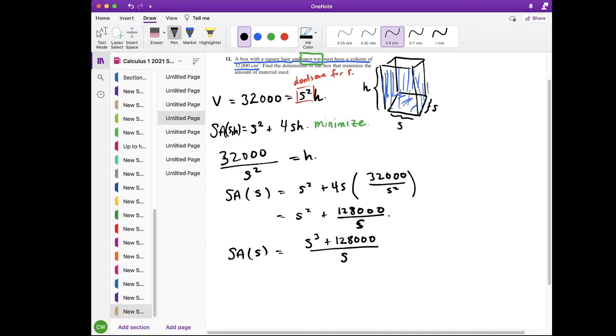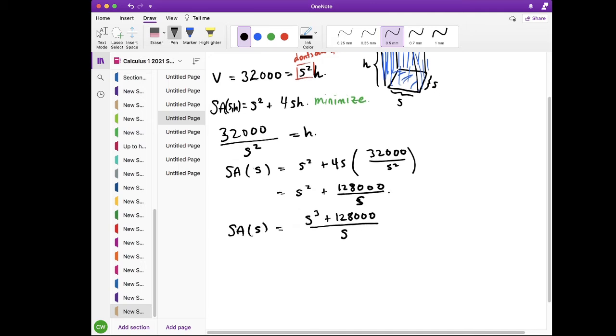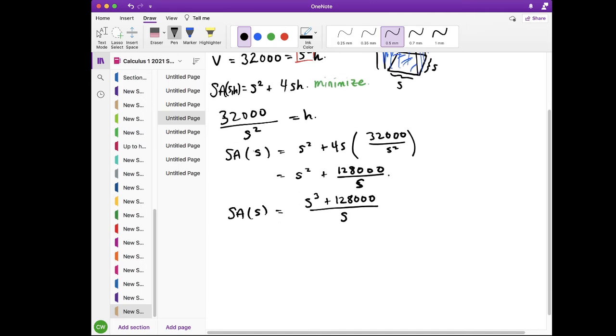I was combining the fractions. This S squared was here from the beginning, and then do you see that I just combined the fractions? So this was an S down here because one of the S's canceled. So if you combine the fraction, you get an extra S.